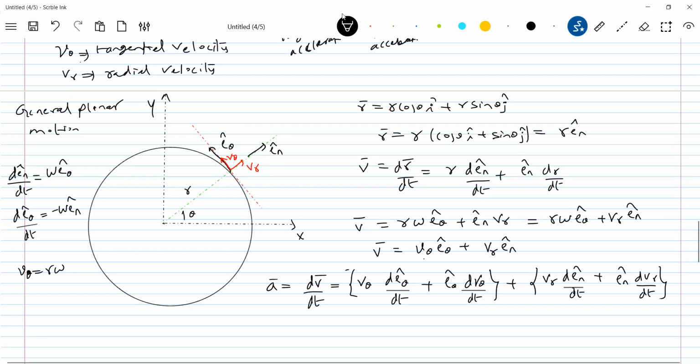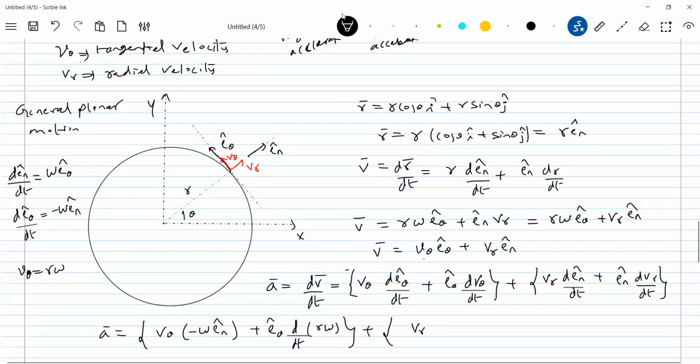Now again substitute the original formulas. V theta. What is dE theta cap by dt? From this, minus omega En cap plus E theta cap. What is tangential velocity V theta? V theta should be called R omega, so write it R omega.